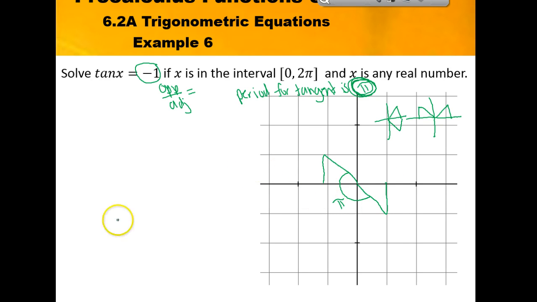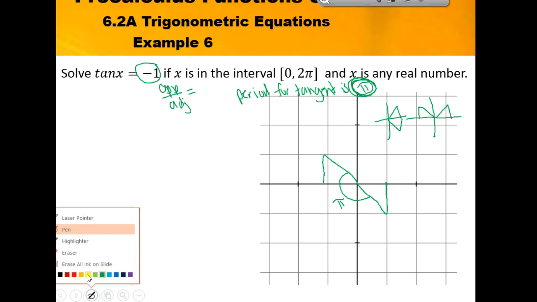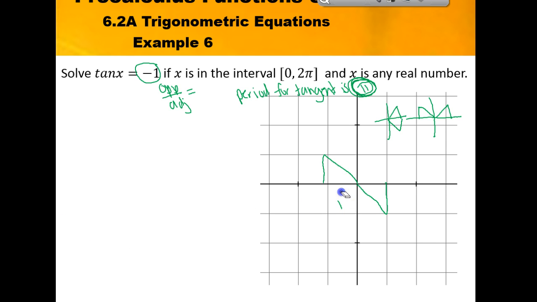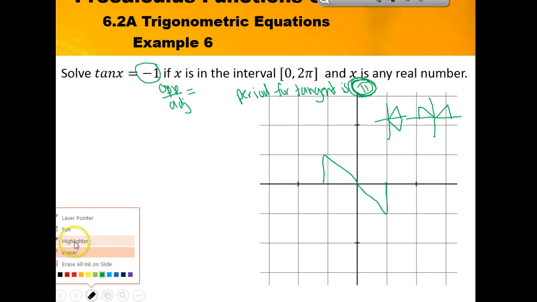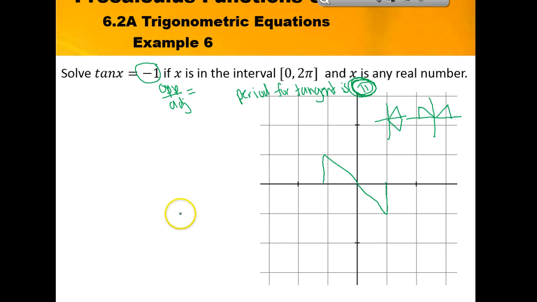I'm going to delete this. Just this part right here. Okay, so we know that the opposite and adjacent sides have to be the same. So that looks like 1, 1, and then this would be root 2, and that happens when this is pi over 4.